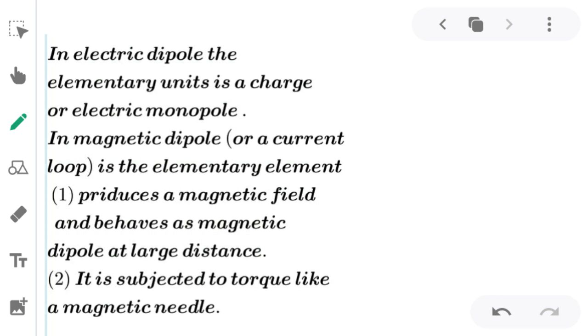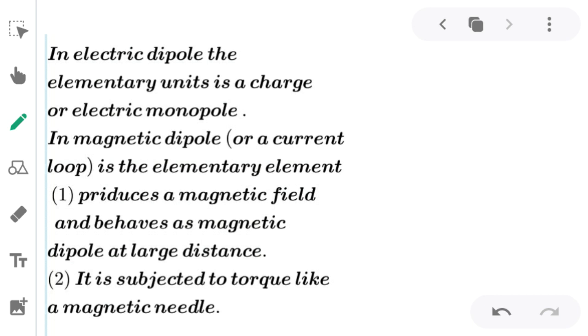Magnetic field is always in dipoles; monopoles do not exist for magnetic field.